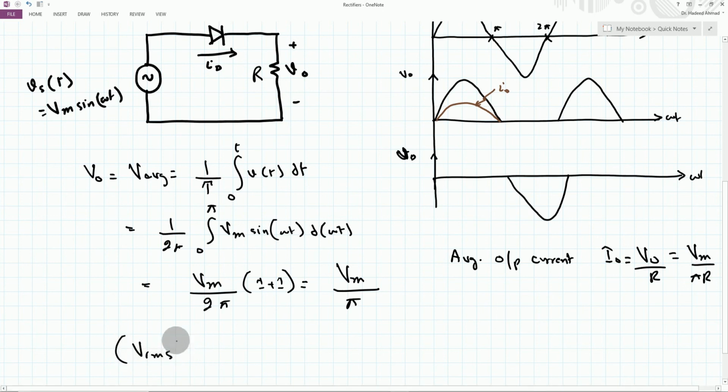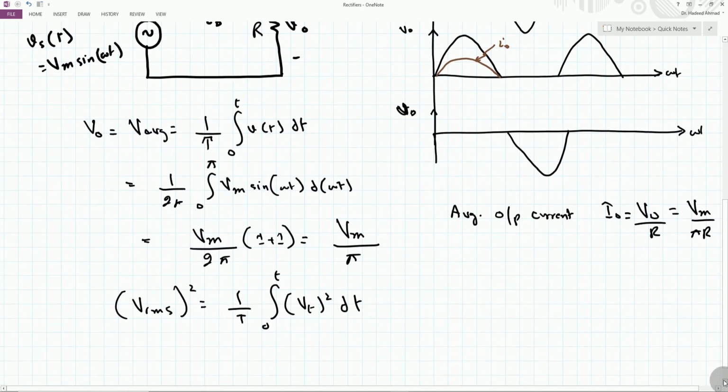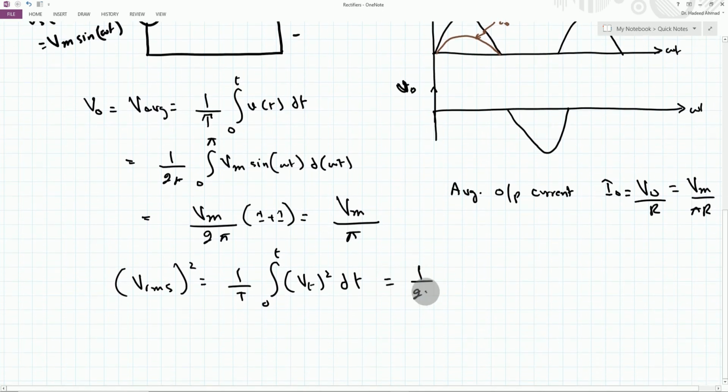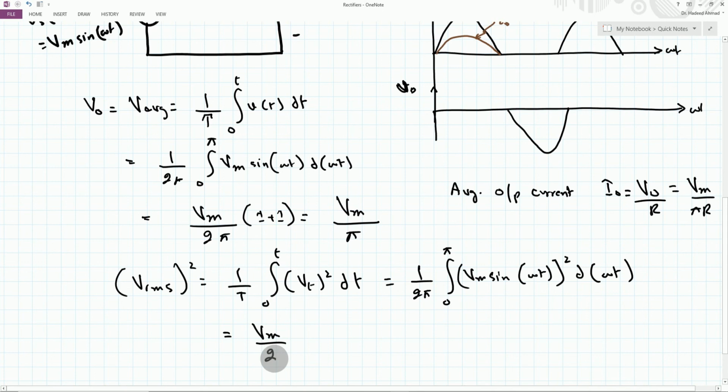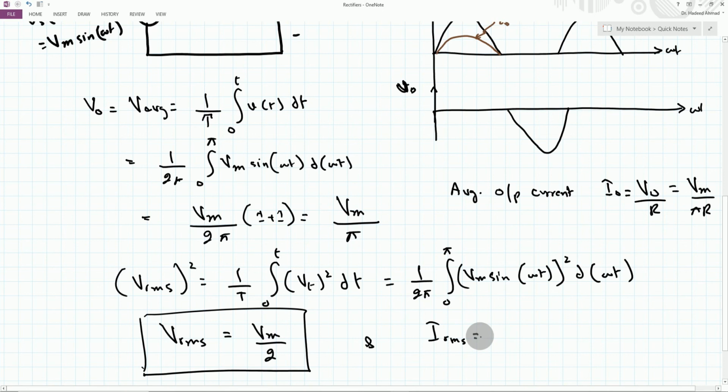So Vrms square is equal to 1 over T integral 0 to T Vt square dt, which is equal to 1 over 2 pi integral 0 to pi Vm sine omega t square d omega t, and that is equal to Vm over 2, and this is the Vrms, and consequently the IRMS, or the RMS current, is equal to Vm over 2R.